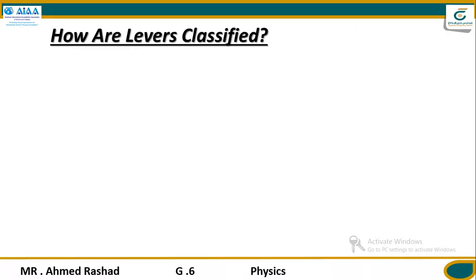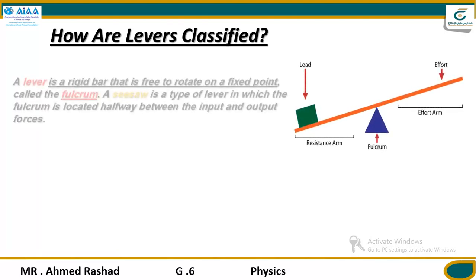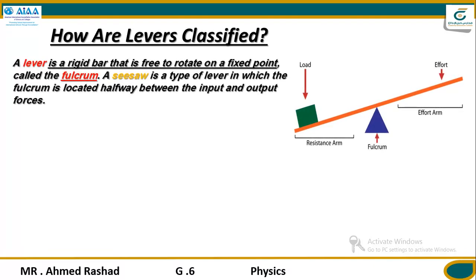What's the meaning of lever in the beginning? A lever is a rigid bar or hard bar that is free to rotate on a fixed point, and this fixed point we call the fulcrum.